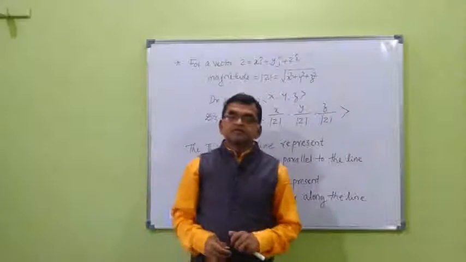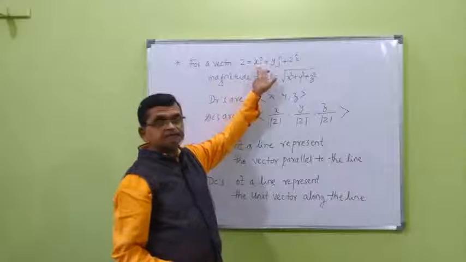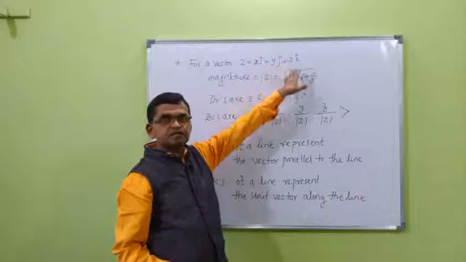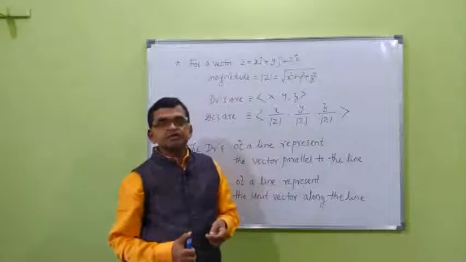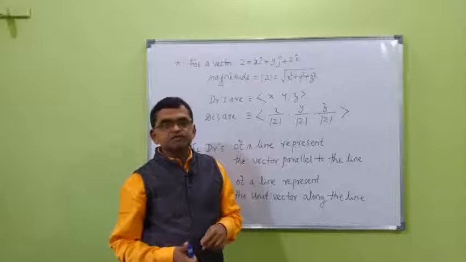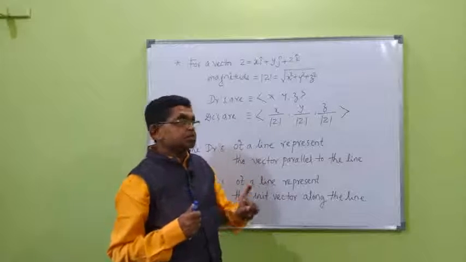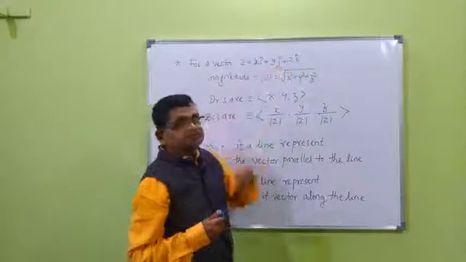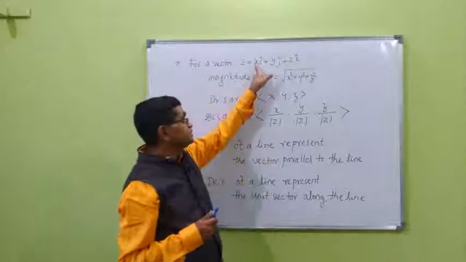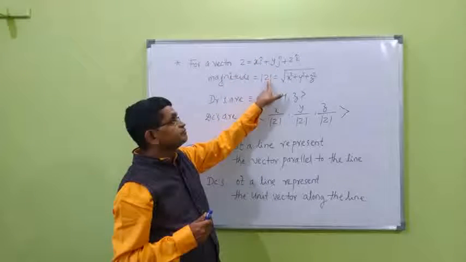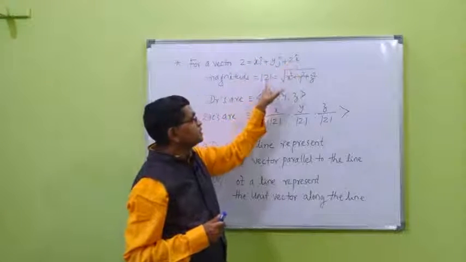Consider the vector z is equal to x i cap plus y j cap plus z k cap. Its magnitude is given by the square root of x square plus y square plus z square. The direction ratios are x, y, z. Direction cosines are x divided by mod z, y divided by mod z, z divided by mod z.